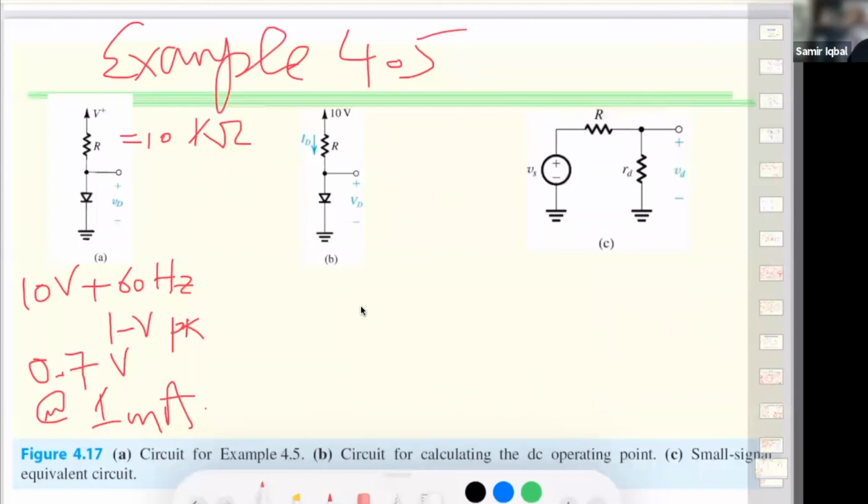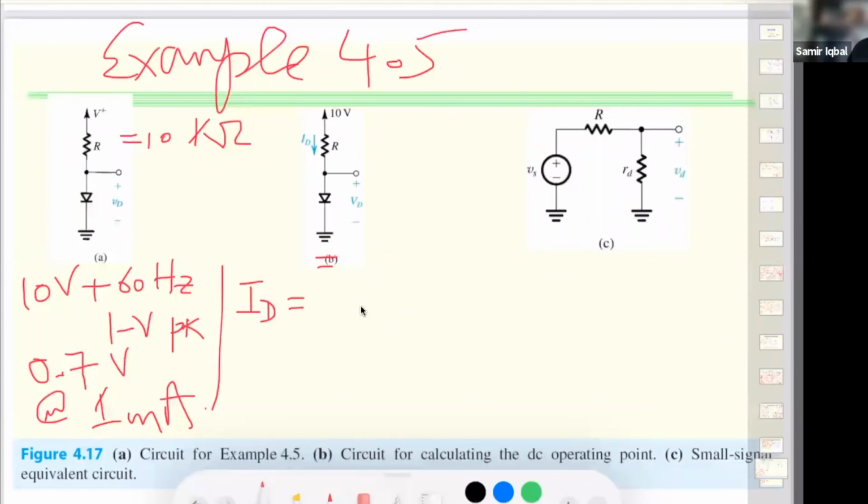So what is the DC voltage and amplitude of the sine wave signal across this diode? If we had just DC here, if you were just dealing with DC, which is this case, what would be my diode current?